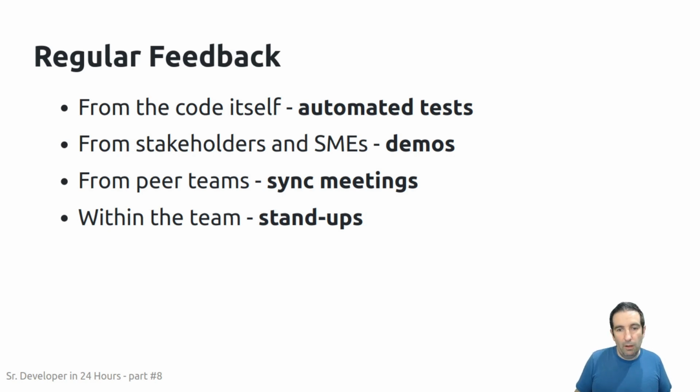With peer teams, regular sync meetings to make sure that people are aware of where we are, what we are expecting from other teams, and also what other teams are expecting from us to make sure that we are making progress. And finally, within the team, with regular stand-ups to make sure that people are making progress, make sure that people are not stuck, make sure that people are not trying to complete something that is in the schedule, even though they run into the problem that whatever prerequisites for that task actually didn't get done in time.